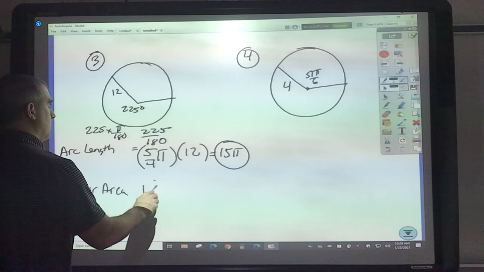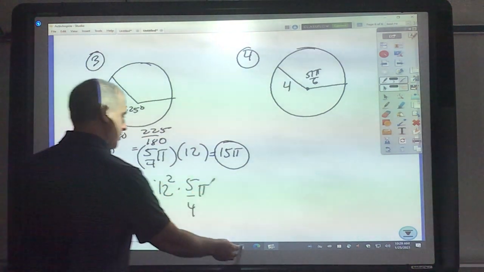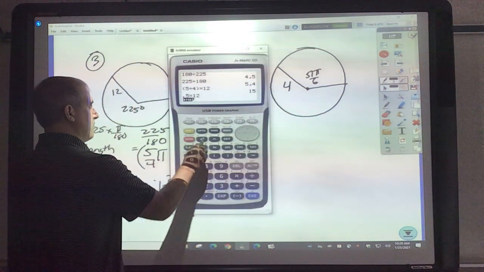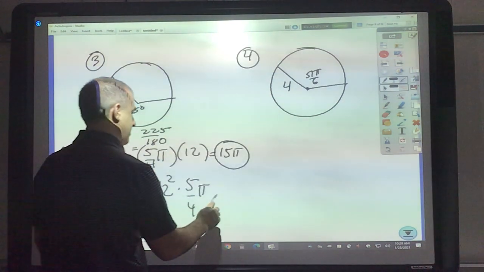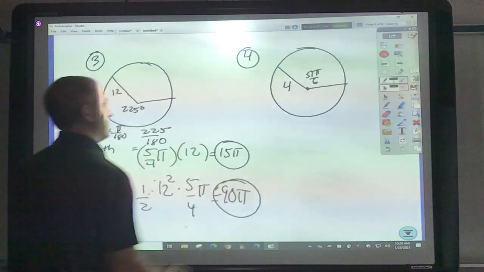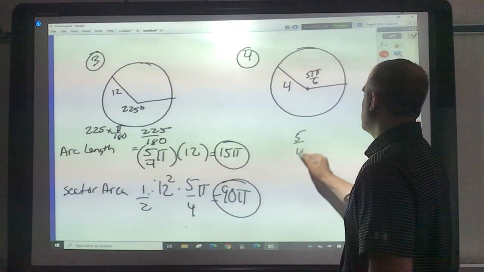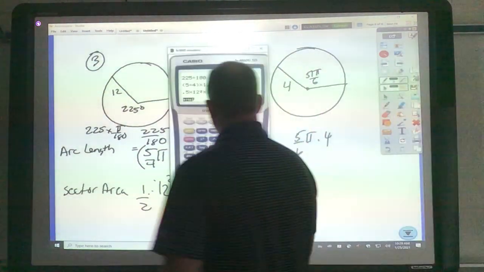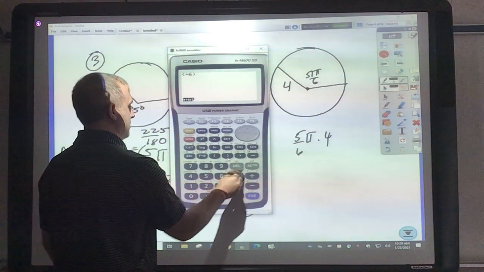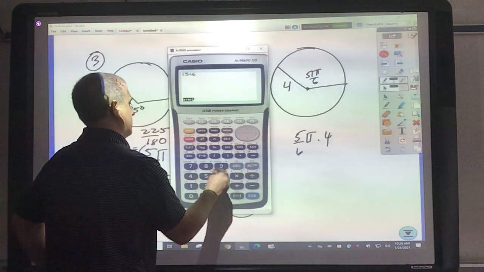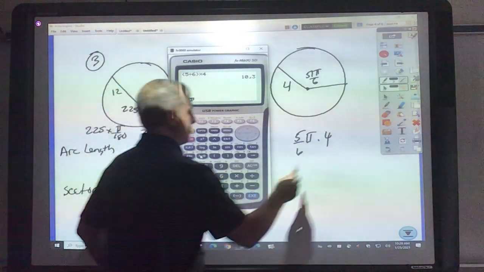For sector area, it's 1/2 times 12 squared times 5/4 pi. So 0.5 times 12 squared times 5/4, that's going to be 90 pi. This next one is already in radian form. So I have 5/6 pi times 4, so 5/6 times 4 is 10/3 pi.